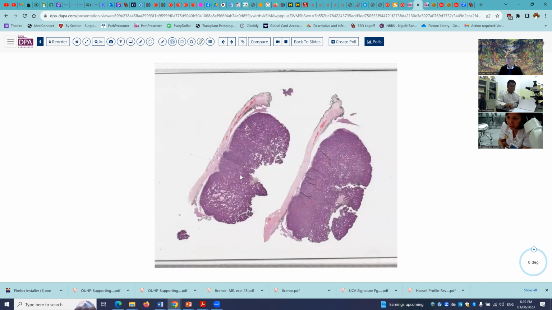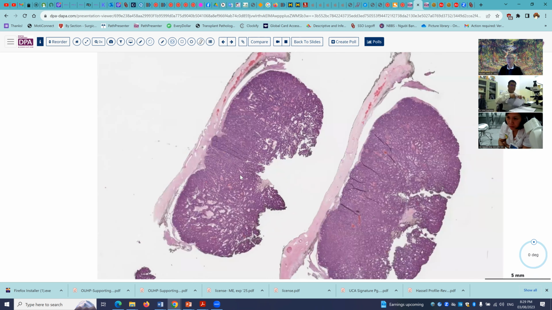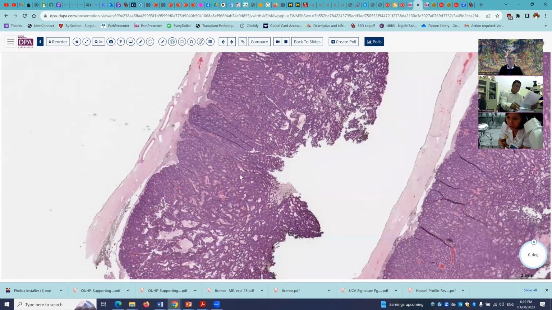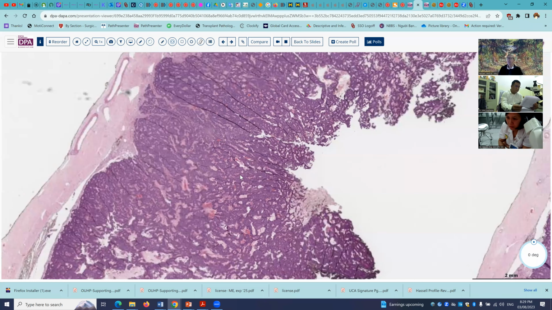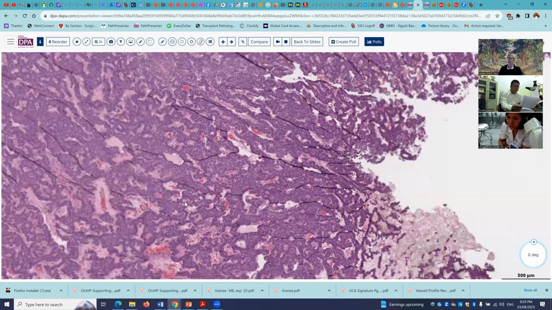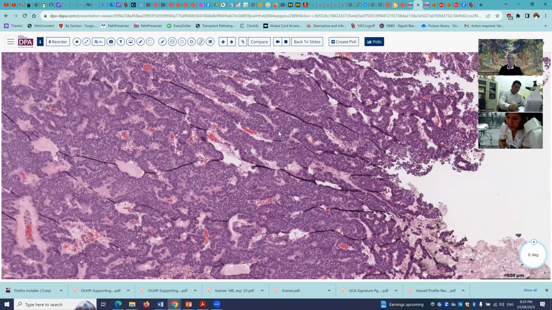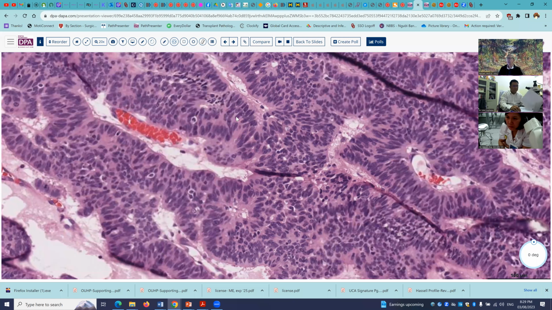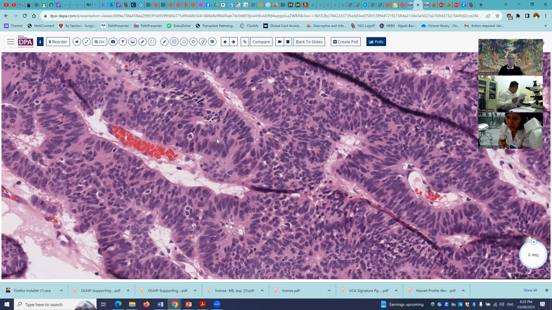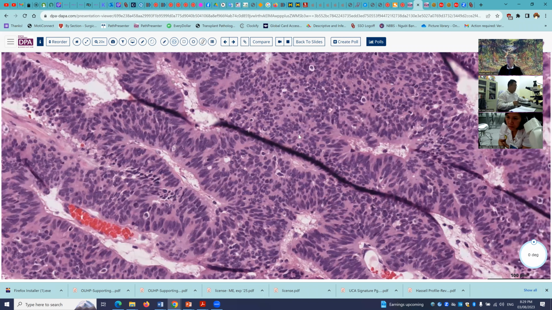Here's one. I believe this is from the pancreas. We can see here that it still has kind of the architecture of a neuroendocrine tumor. So it's got a trabecular, anastomosing, and tubular pattern. But notice here that the nuclei are much larger. There's more crowding.